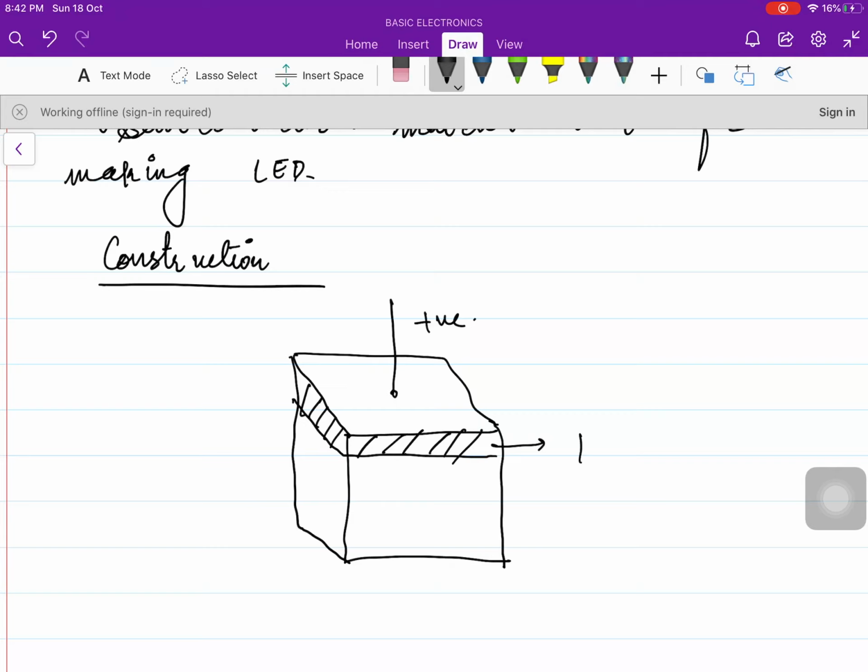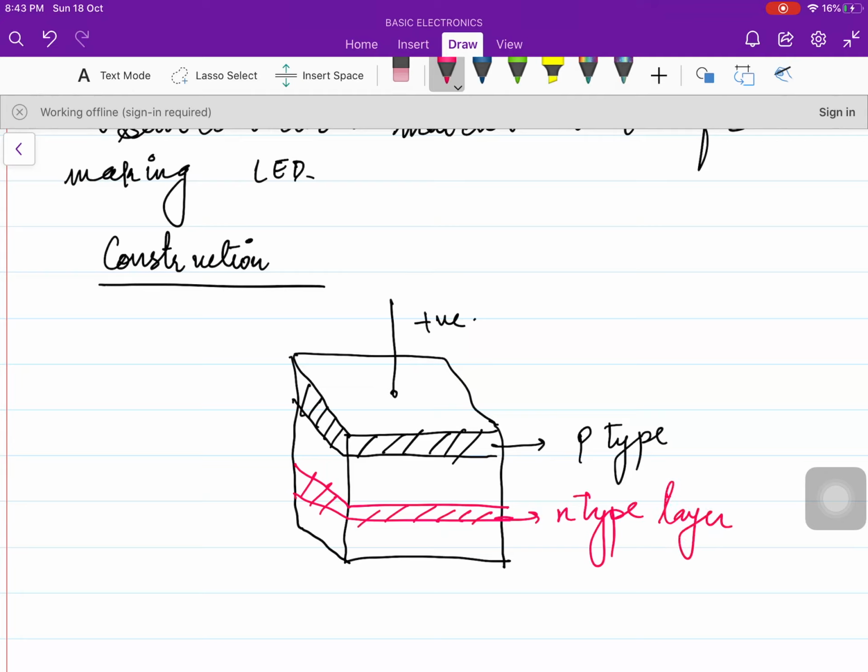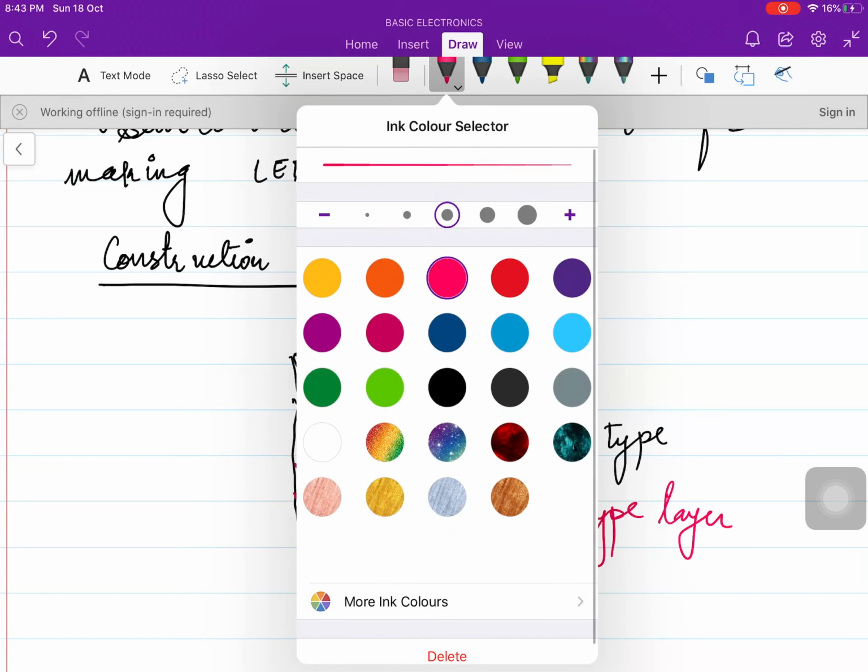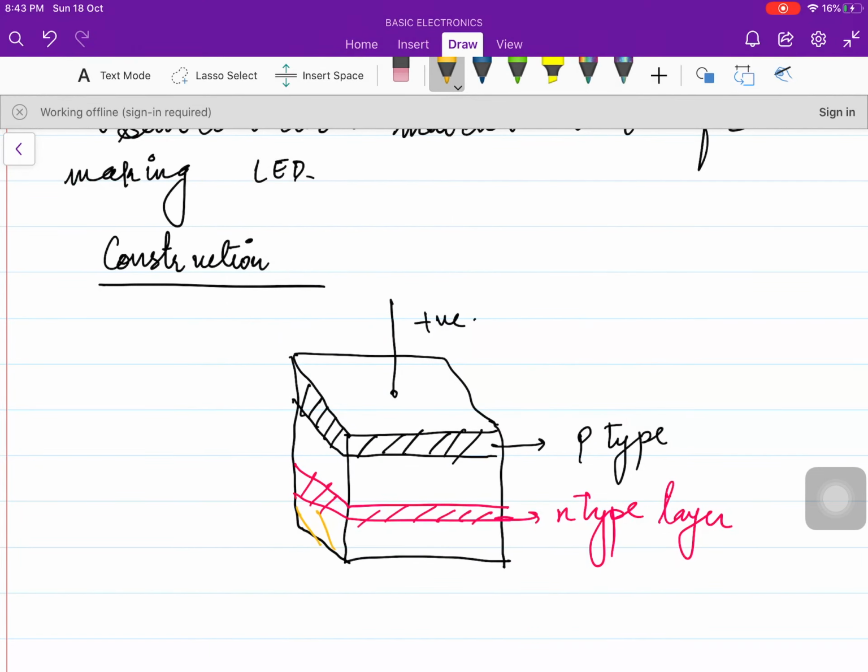Then we will have this layer, a p-type layer. We need to form a PN junction because we are discussing LED, that is a diode. I will change the color here so that we can understand easily. This is the N-type layer. And here is a substrate.